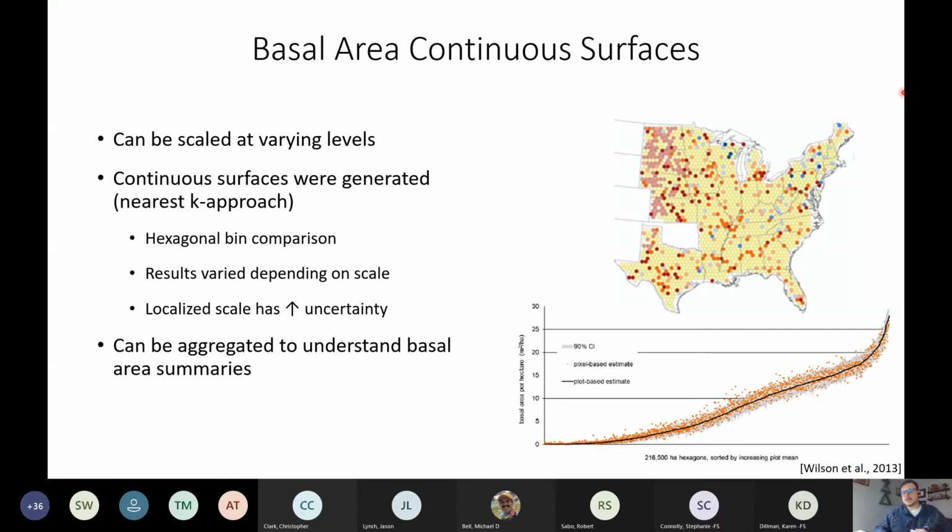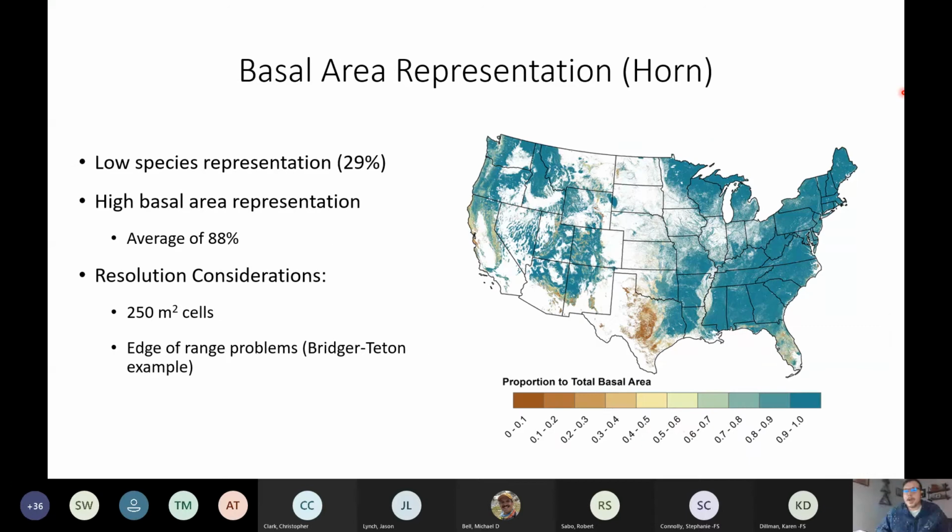So using all species, what is the total basal area in meters squared per hectare within a given area. So we're going to hop back here to the 94 species that Linda had mentioned, the Horn species. So Linda said there's limited species representation. It's about 29%, but there is high basal area representation nationally.